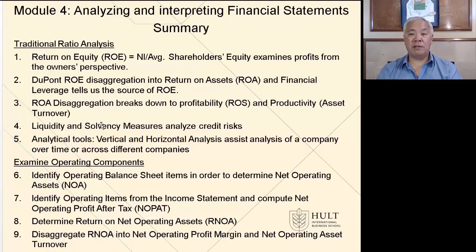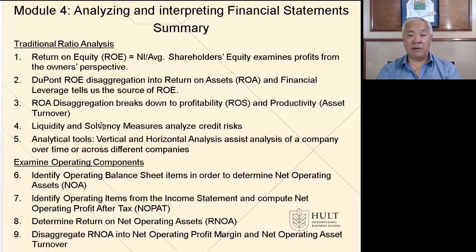When we look at the operating component, digging a little deeper, we first had to do some background calculations to determine the net operating assets by, again, stripping out non-operating assets and non-operating liabilities. We looked at the income statement and derived net operating profit after tax, NOPAT, which is stripping out all the operating items, the revenues and operating expenses, and then adjusting the income tax rate to reflect how much tax we pay, or estimated we paid, on the operating parts only and not on the interest shield.